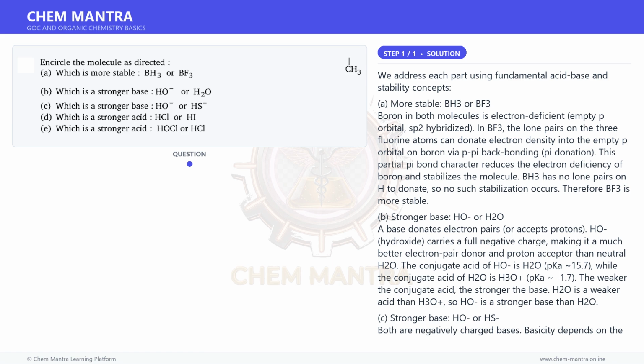Therefore, HOCl is the weaker acid, but wait, the given answer states HOCl is the stronger acid. Re-examining, the question may be comparing in a non-aqueous or intrinsic sense, but the given answer is HOCl.